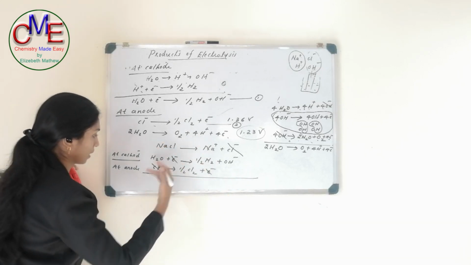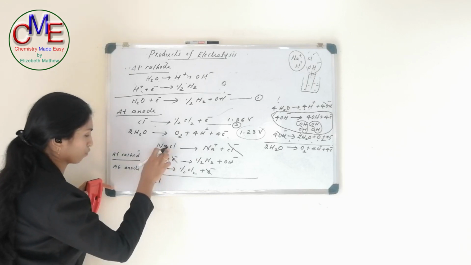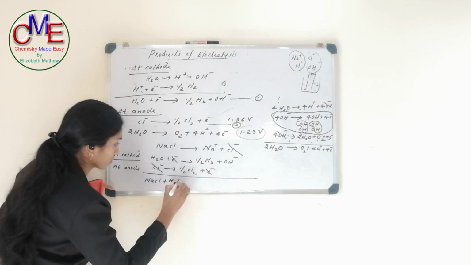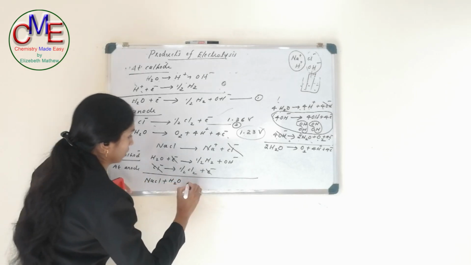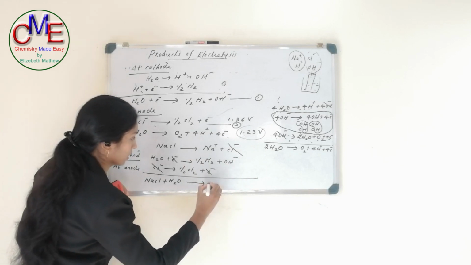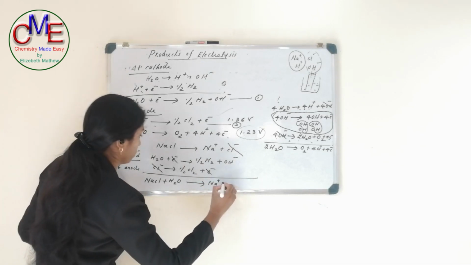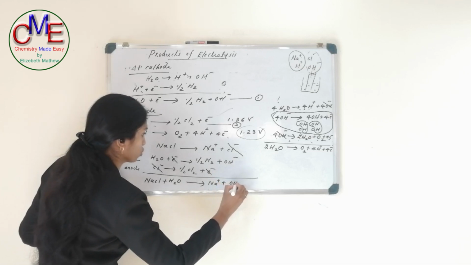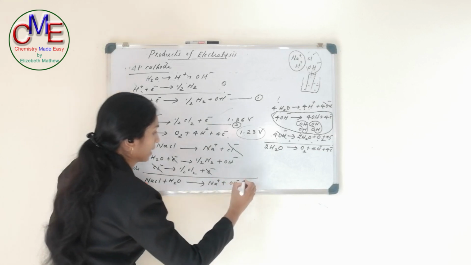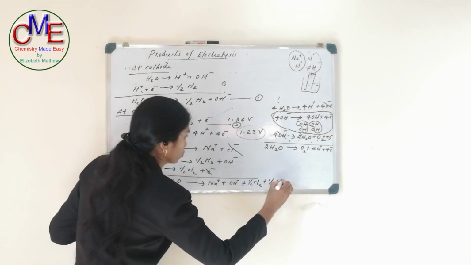Then we can write NaCl, which is on the left hand side, plus the other species H2O gives, only these two remain. At the right hand side there is Na plus OH minus, then half Cl2 plus half H2.